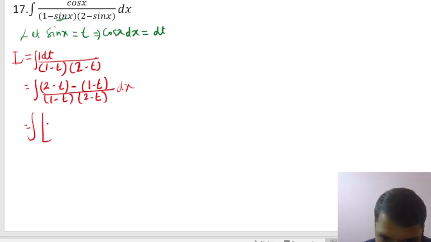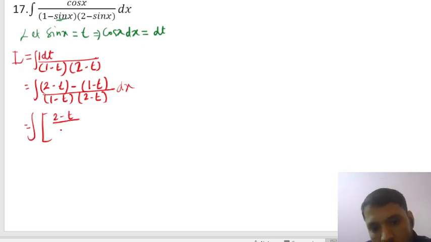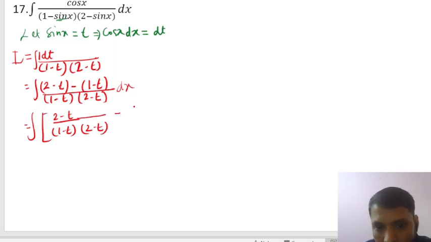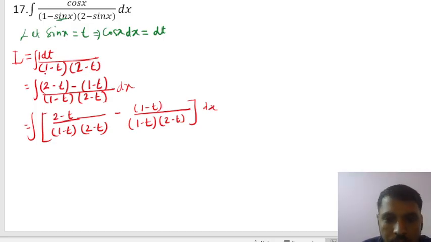Now we can take (2 minus t) divided by (1 minus t) into (2 minus t), and minus (1 minus t) divided by (1 minus t) into (2 minus t). Now what are the common terms here? We can cancel the common things: 2 minus t with 2 minus t, and 1 minus t with 1 minus t.